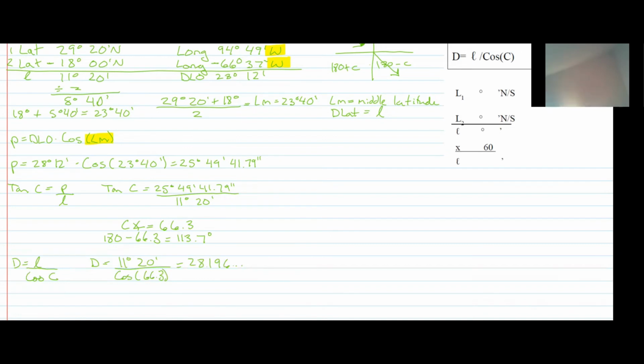So this doesn't necessarily make sense. Why would we only end up going 28 miles? The thing is, you went 28 degrees. Your answer is still in degrees, so you need to convert that into nautical miles. So how would you do that?